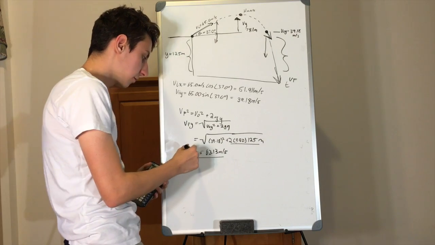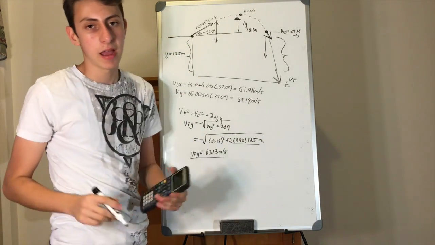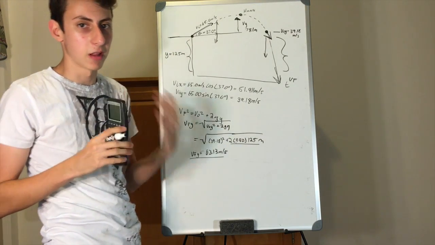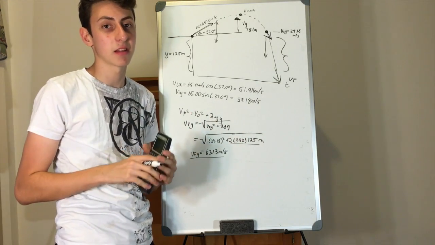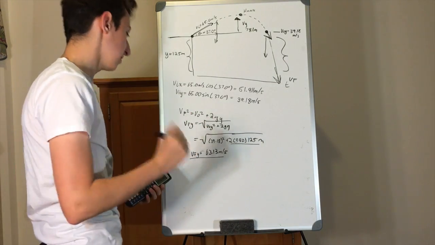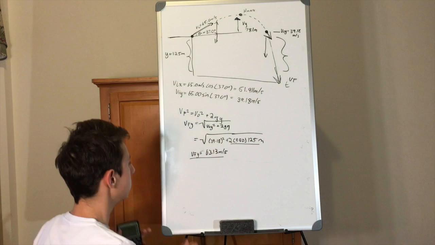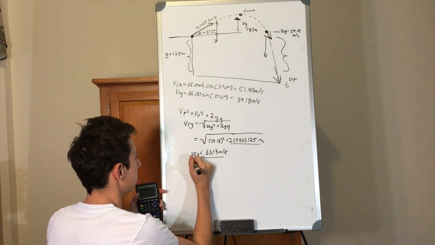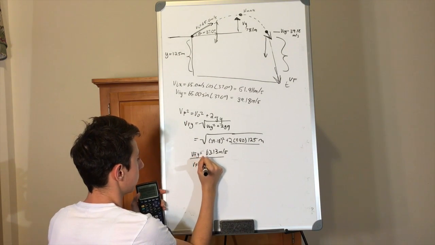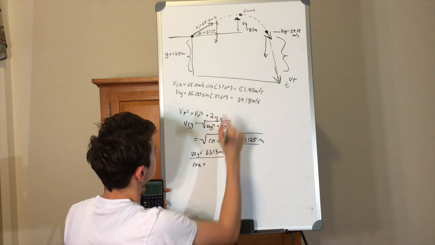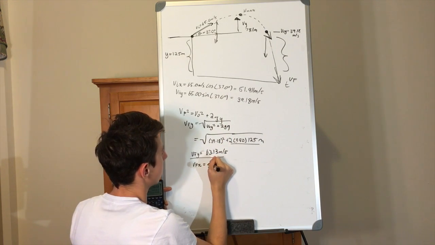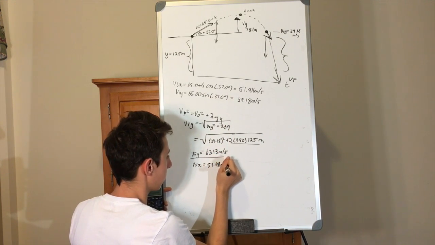So once we have the final y component, we still don't have the final velocity, because the final velocity includes both components. So we do know, however, that the final x velocity is equal to 51.911 meters per second. And why is that?